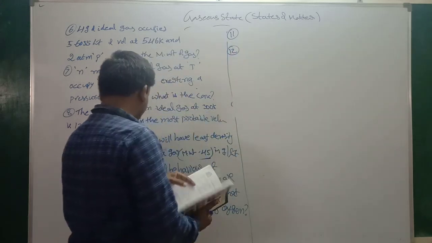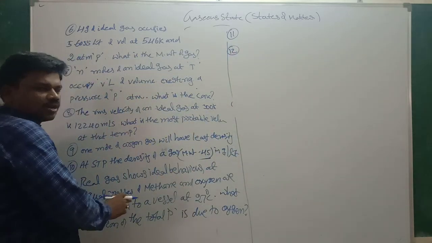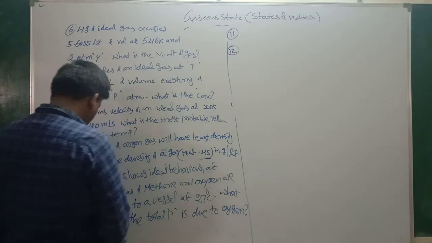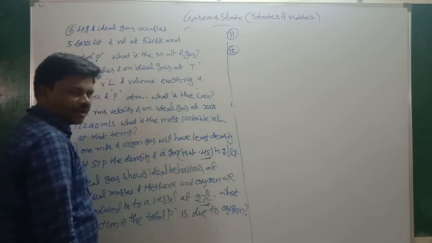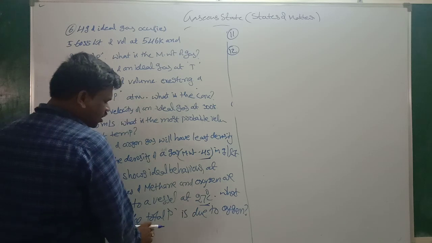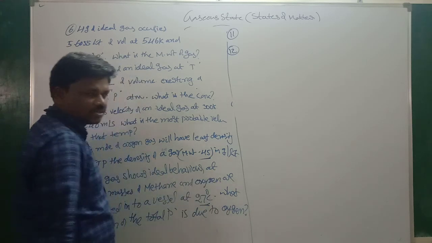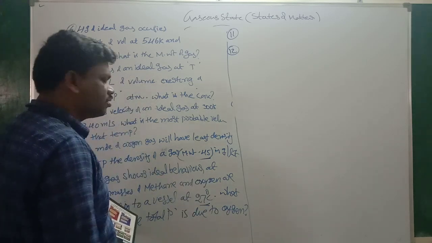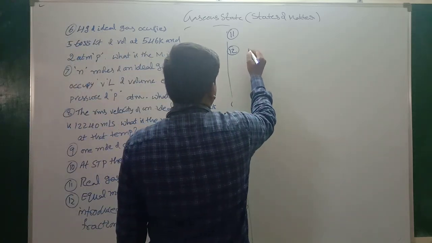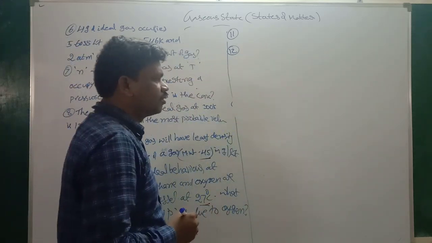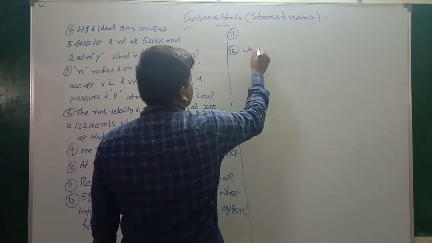Number 12. Equal masses of methane and oxygen are introduced into a vessel at 27 degrees centigrade. What fraction of the total pressure is due to oxygen? First of all, find out the number of moles of each gas. Here masses are equal, weight is equal to 16 grams.